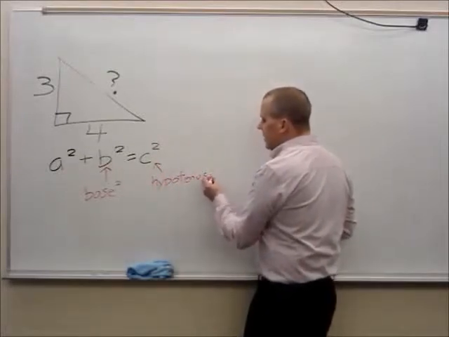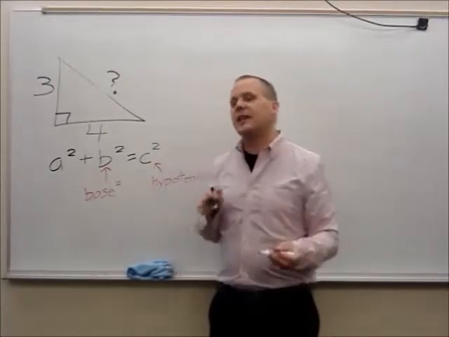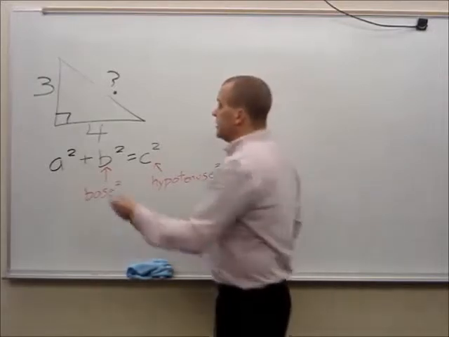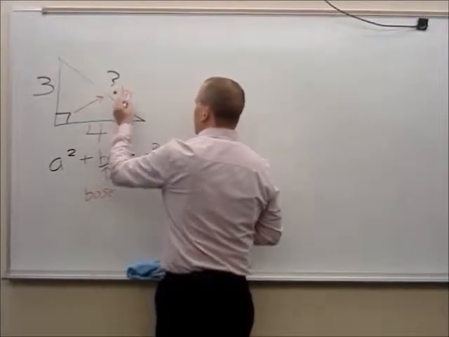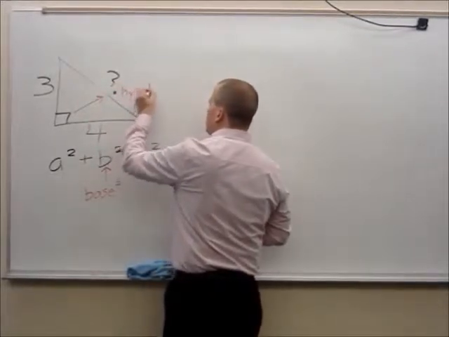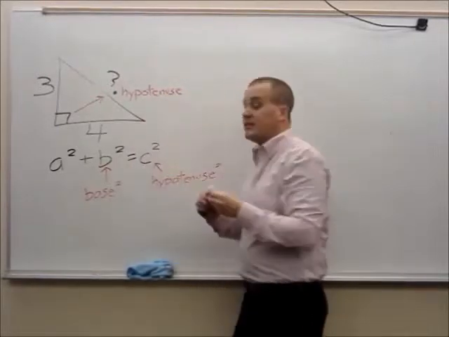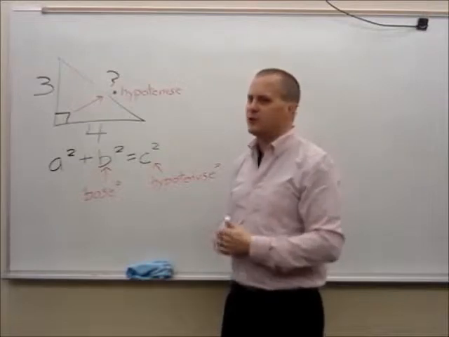And then last but not least, the hypotenuse, if you don't know, it's the slanted side in a triangle, and the easiest way to remember is the right angle always points to the hypotenuse. So if that helps you, use it. If you know a different way to remember where the hypotenuse is, make sure you use that as well.